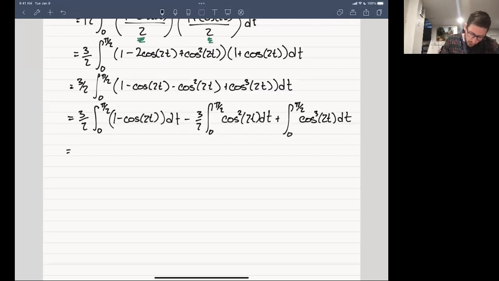Okay, so the first one, you're going to get 3 over 2 and then t minus 1/2 sine of 2t. So that's just using a straight integration of that thing, nothing fancy.